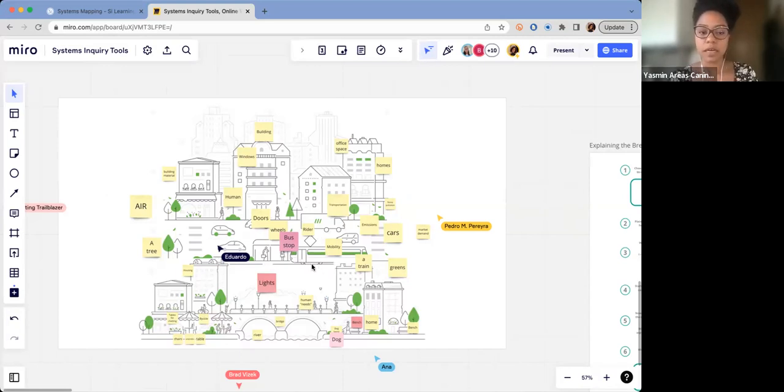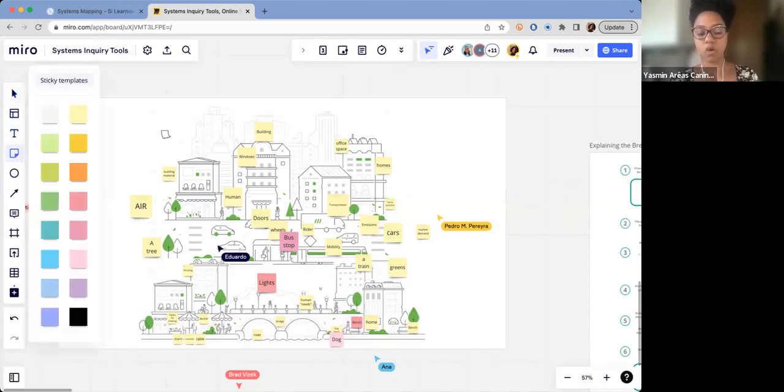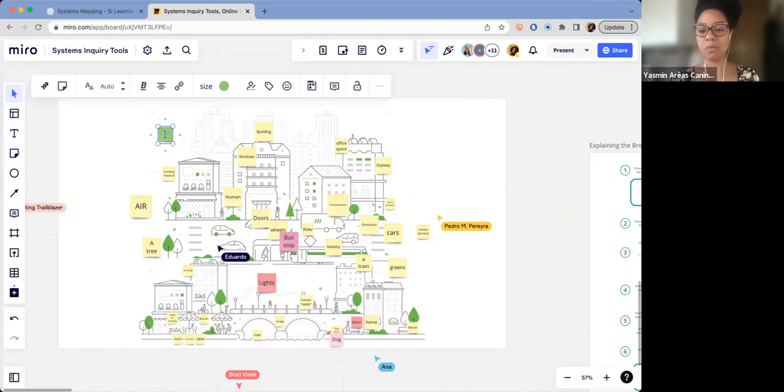For those of you who don't know how to use the Miro board, you have here on the left-hand side this bar, and one of those icons is a sticky note, right? So you can click on the sticky note and then click again on the board, and then you can just type whatever you want, right?